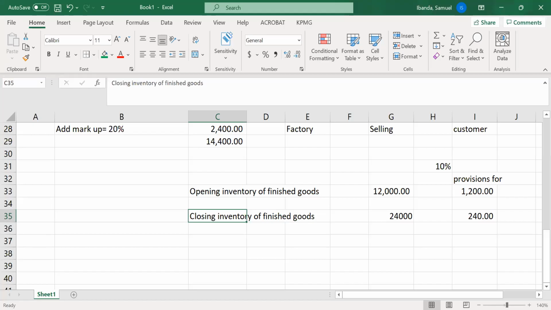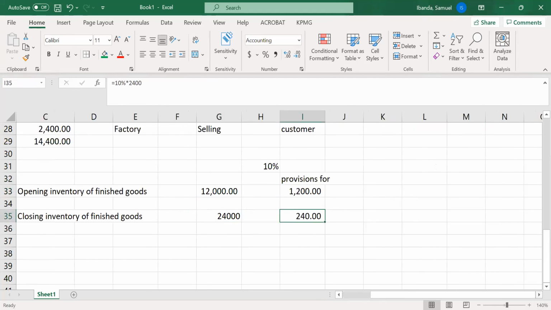So I was trying to say that when it comes to now, let me just reshare my screen. When it comes to this, it is the same, what we call the provision for the unrealized profit. So this as opening stock was the closing stock of last year, and now this is the closing stock of this year. So that's why this is our opening provision, and this is our closing provision.